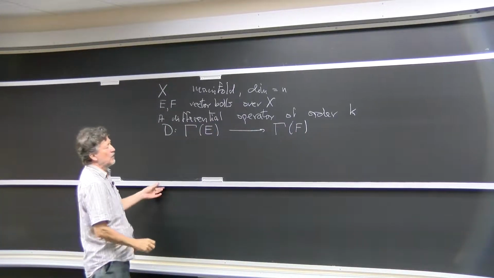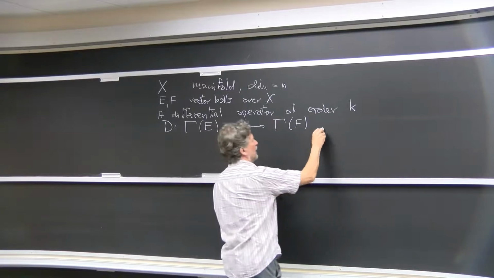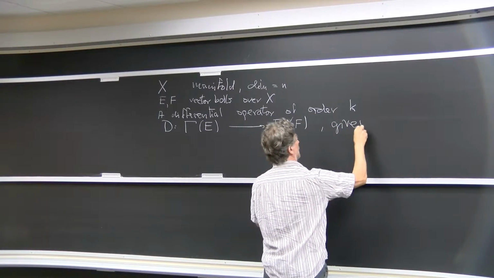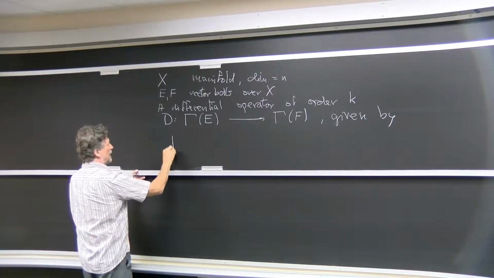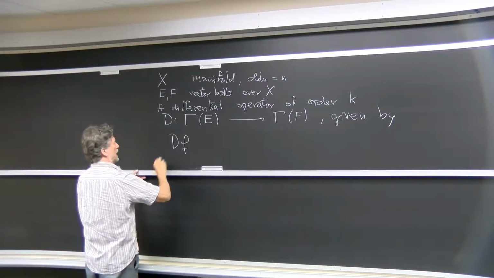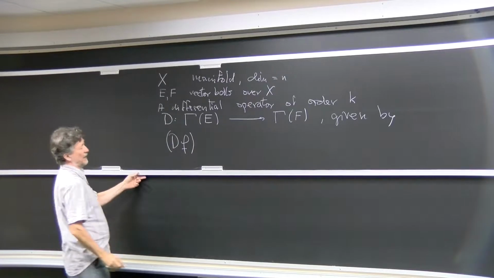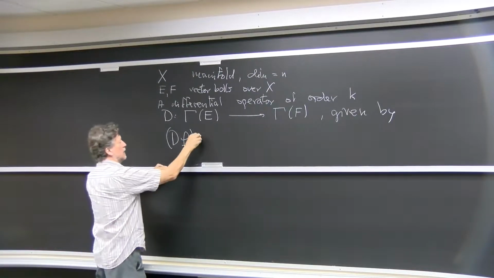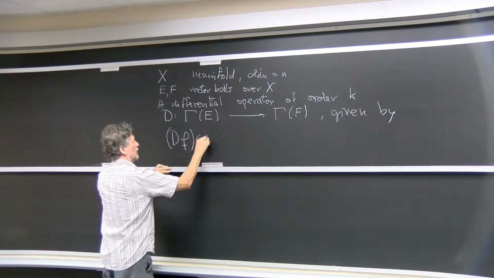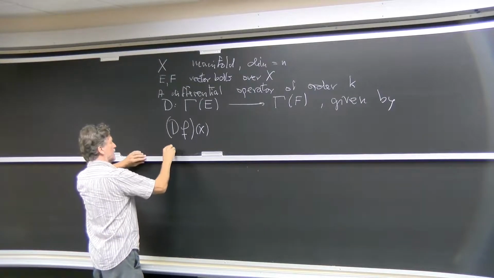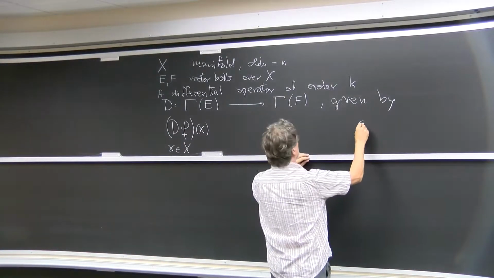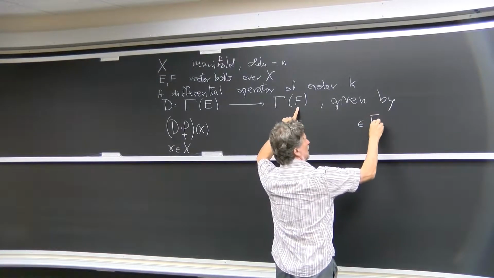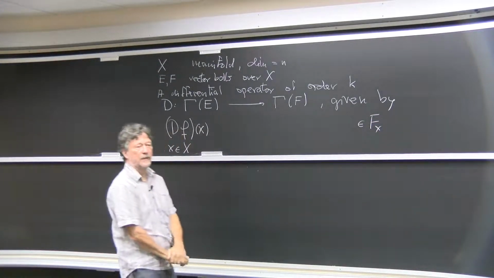And it should be given locally in the following form. So I want to apply D to a section f of this vector bundle E, and I want to tell you what is the value of that at a point x. And this, of course, should be an element in the fiber of the vector bundle F.